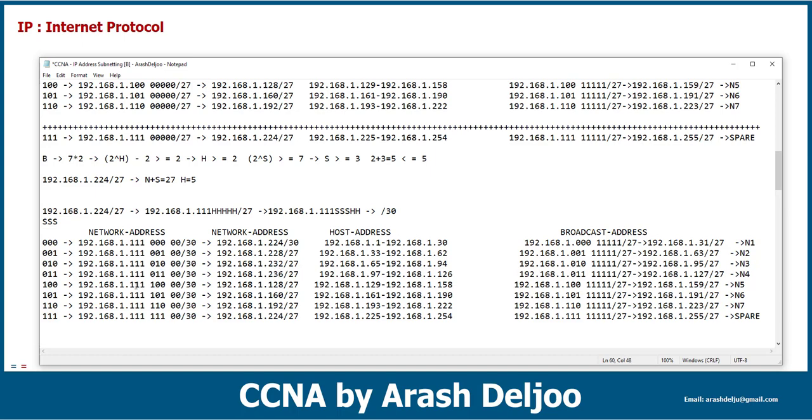Okay, and after that, here 224 plus 16 equal to 240. After that, 240 plus 4, 244. And after that, the next networks, 224 plus 16, 240 plus 8, 248. And after that, 240 plus 8 plus 4, 252.